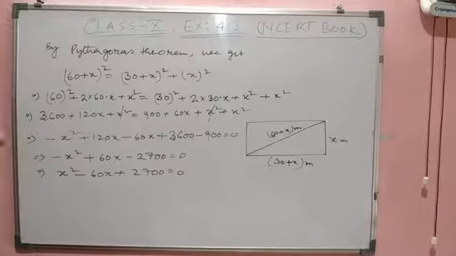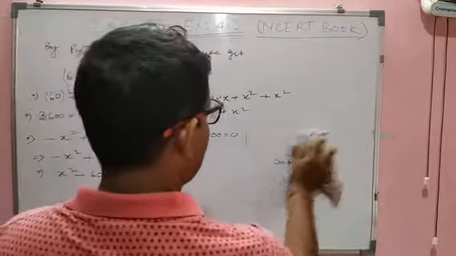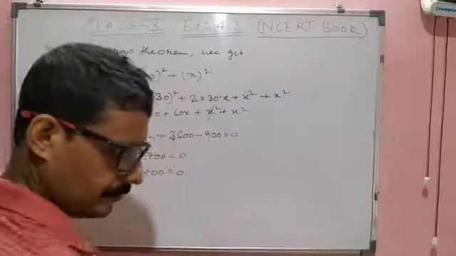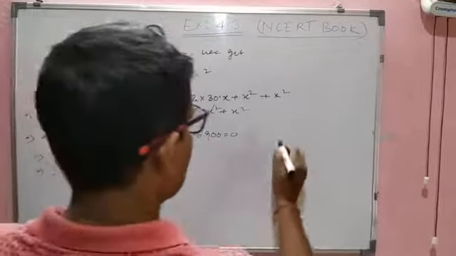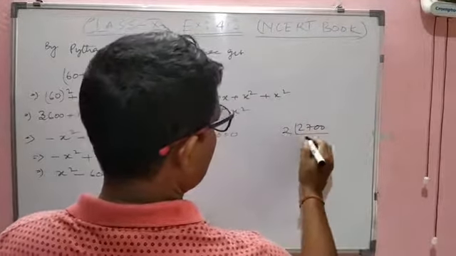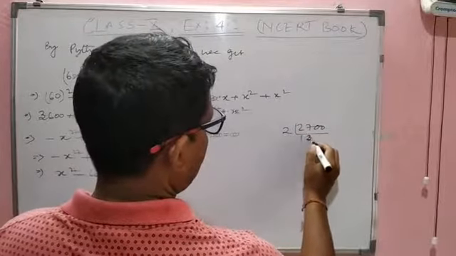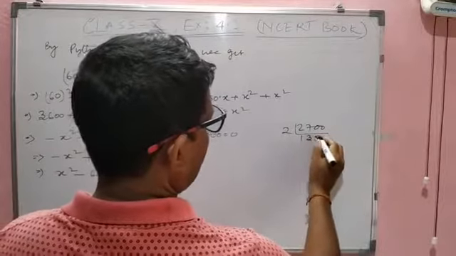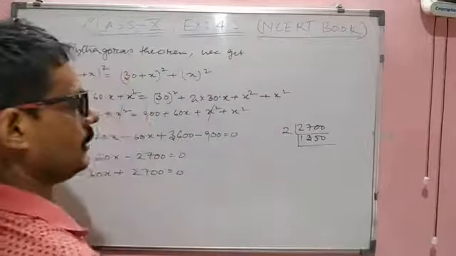Now let us do the middle term factorization. By middle term factorization we factor 2700: 2700 equals 2 times 1350.